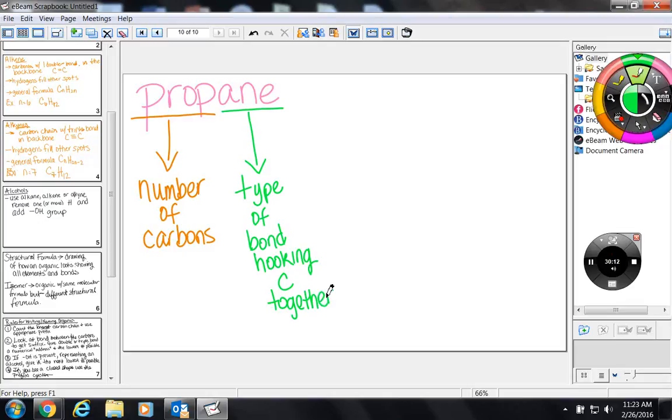All right. So for propane, the prefix is prop, right? It tells us the number of carbons. There are 3. So I'm going to write C, C, and C. The ane tells me the type of bond hooking the C's together.